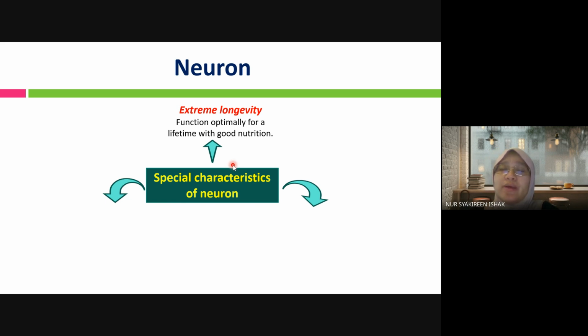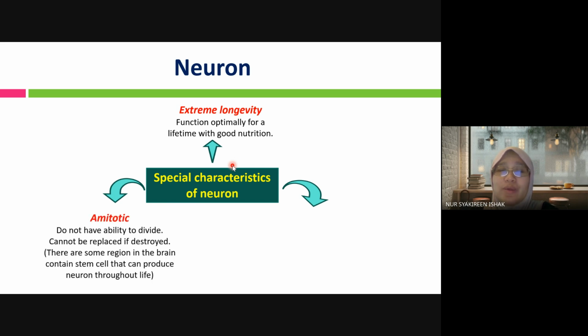One of the benefits is that we can maintain a good condition of our neurons. And then next is amitotic, which means they do not have the ability to divide. When a neuron is destroyed, it is destroyed. A new one cannot be produced. It will not undergo mitosis or meiosis. So it cannot be replaced if destroyed.